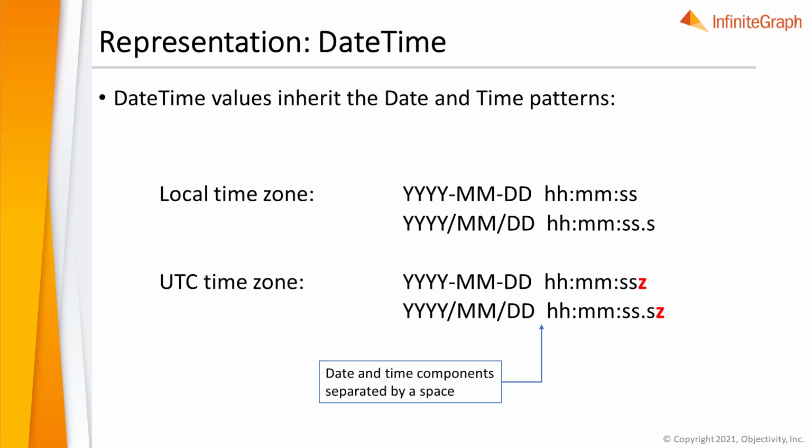The interesting thing to note here is that UTC time zones in the date time format are exactly the same format with the addition of the Z on the end of whichever pattern you decide to use. Also notice that the date and time components are separated by a single space.